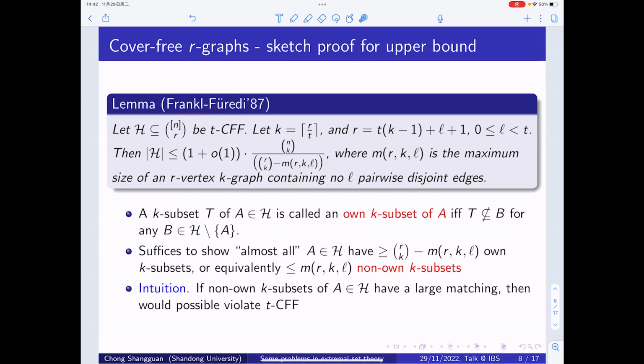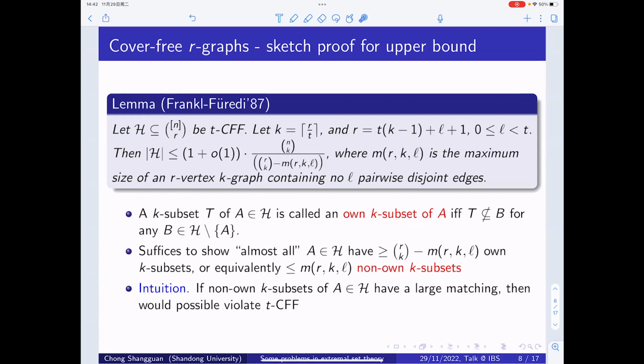So what do they count? A k-subset T of some edge A is called an own k-subset of this edge A if and only if T is contained only in A, but not in any other hyperedge B.